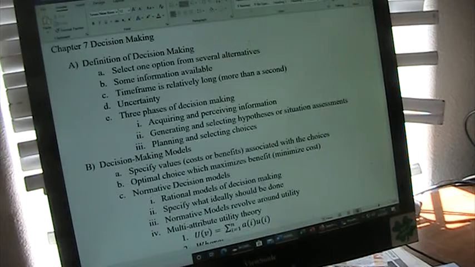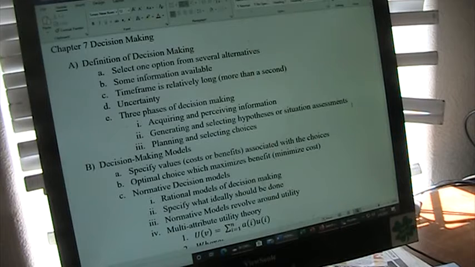All right, so we have 3 phases of decision making. The first, of course, is acquiring and perceiving information, right? So this is very similar to what we talked about when we were talking about selective attention. The second part is generating and selecting hypotheses or situation assessments.